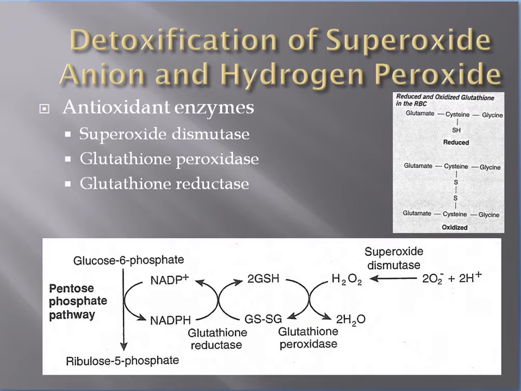Detoxification of superoxide anion and hydrogen peroxide is done by antioxidant enzymes: superoxide dismutase, glutathione peroxidase, and glutathione reductase. Here we can observe glutathione reductase and glutathione peroxidase, with glutathione cycling between reduced and oxidized forms.